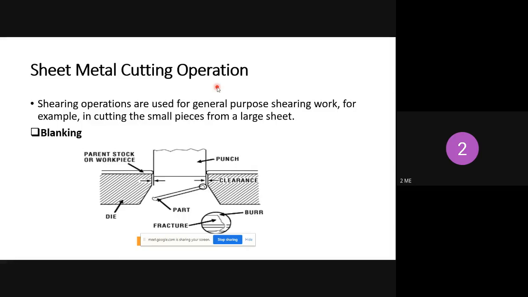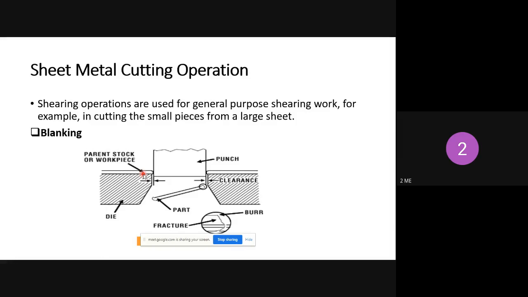So what is that cutting operation? Cutting a sheet metal. That cut part is called a useful workpiece. The sheet metal is placed in a die, and this is the opening. The sheet metal is used along with a stripper. The stripper's function is to hold the workpiece properly.